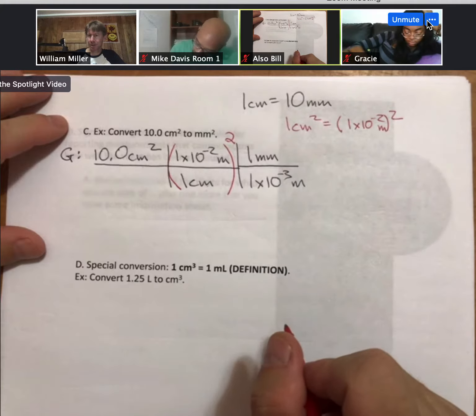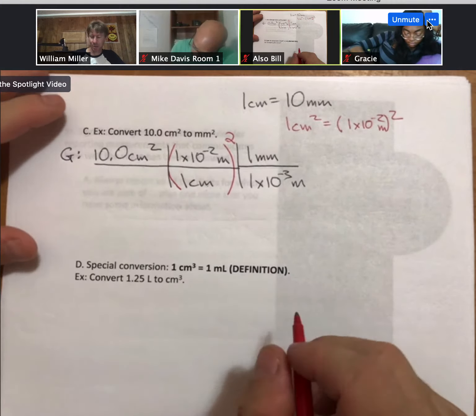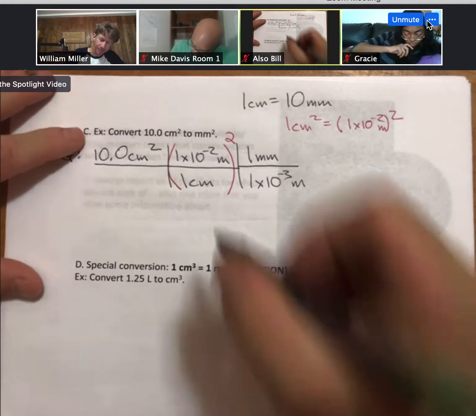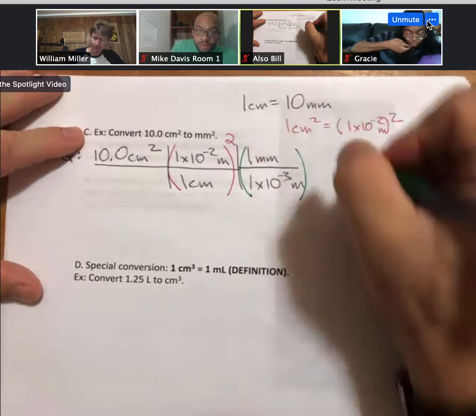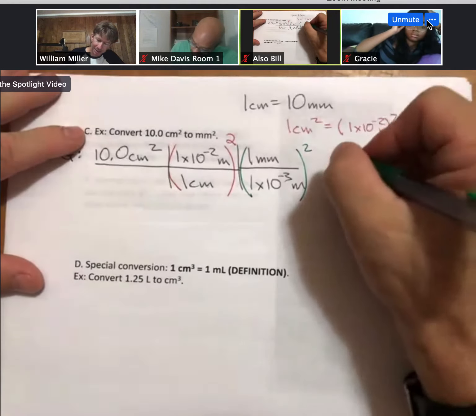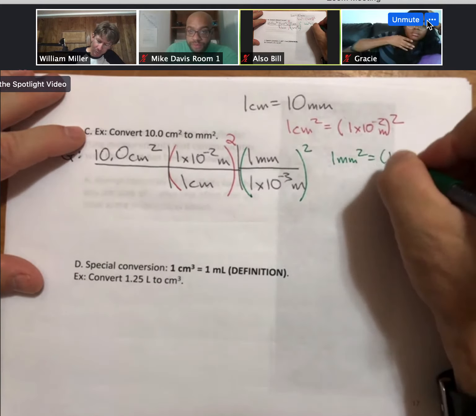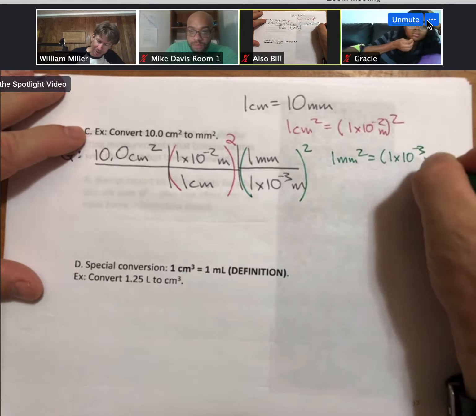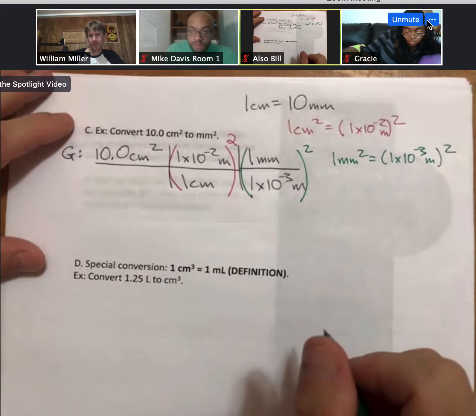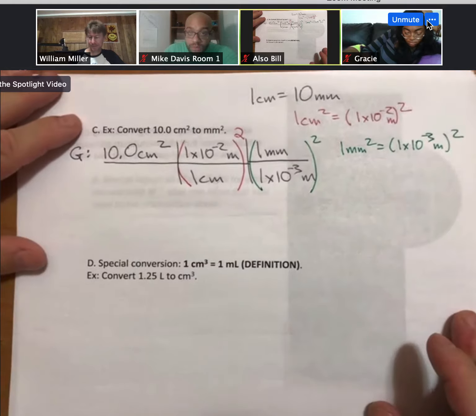It's a little harder to enter into your calculator, but it does come up often enough that I want to cover it. And then for this one, we also want to square it. This is like saying 1 millimeter squared equals 1 times 10 to the minus 3 meters squared as well. Okay? And we're going to need our squared button quite a bit in this class too.